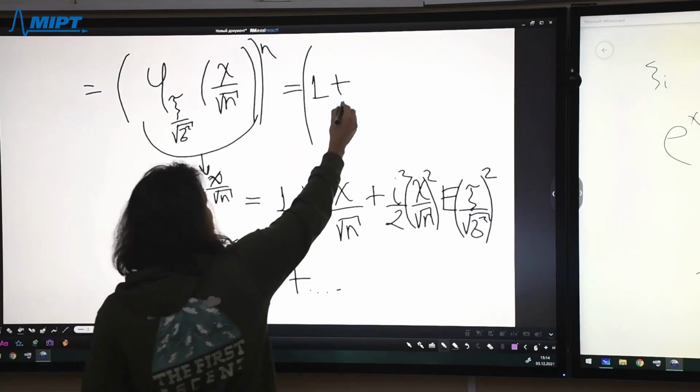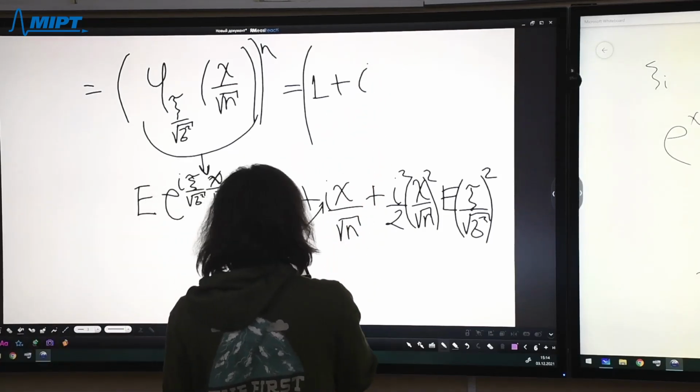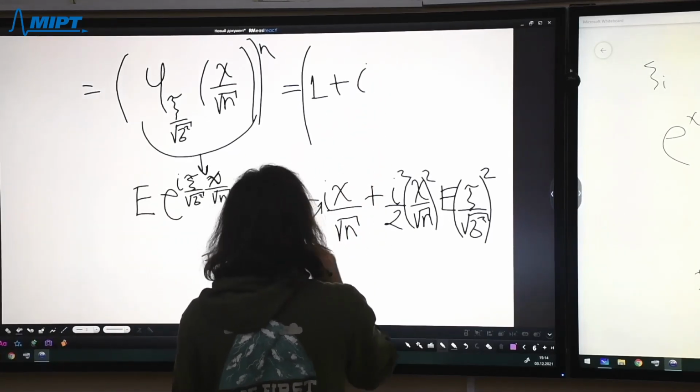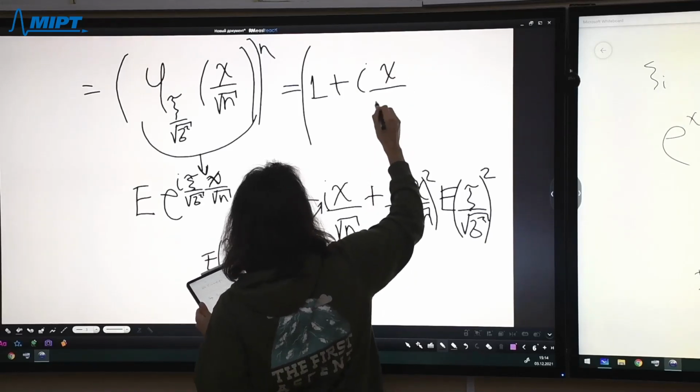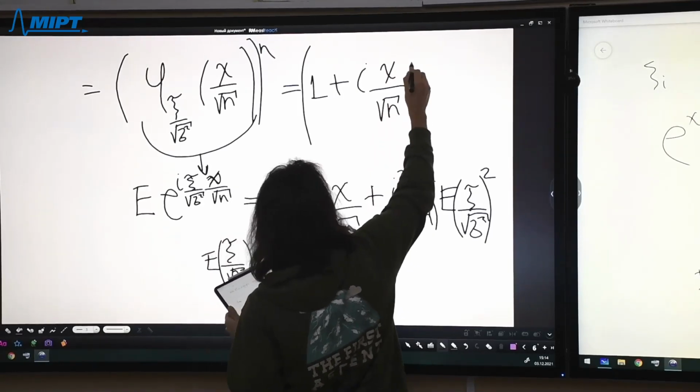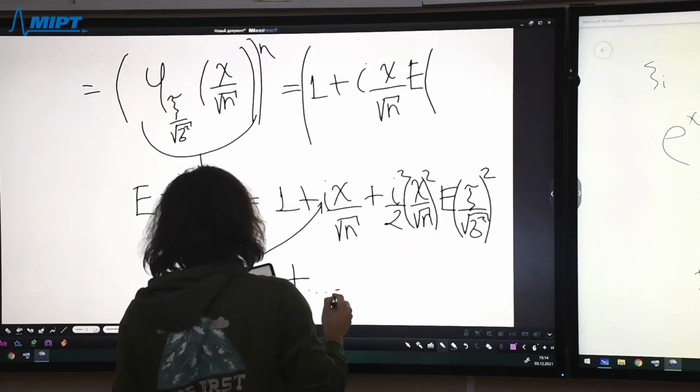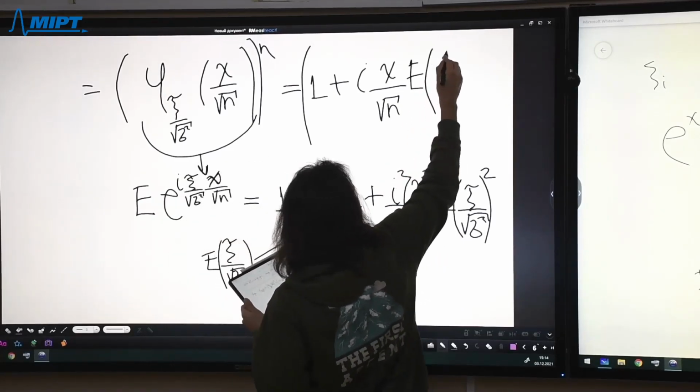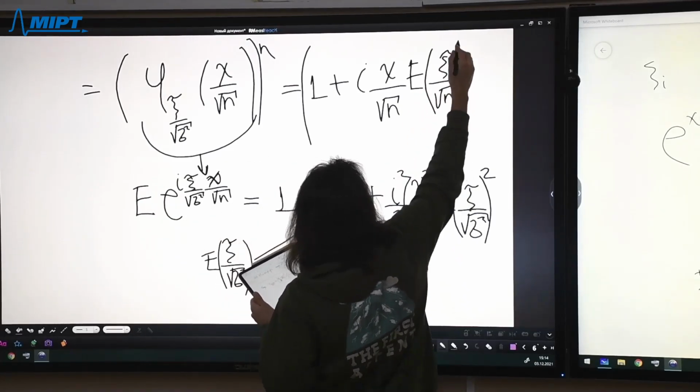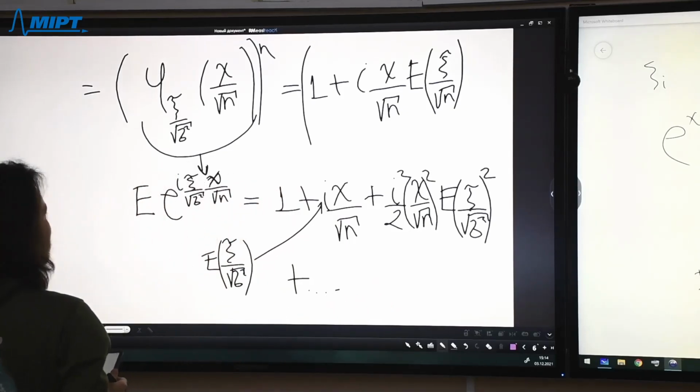We have I to the, here we have x over the square root of n, right? And the expected value of this, right?